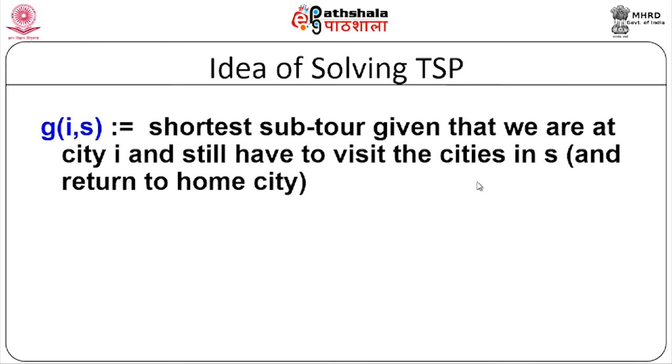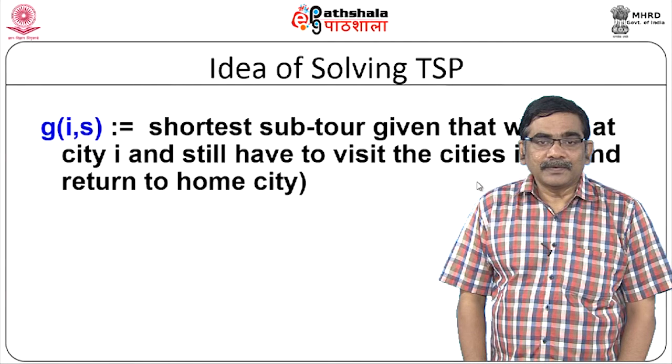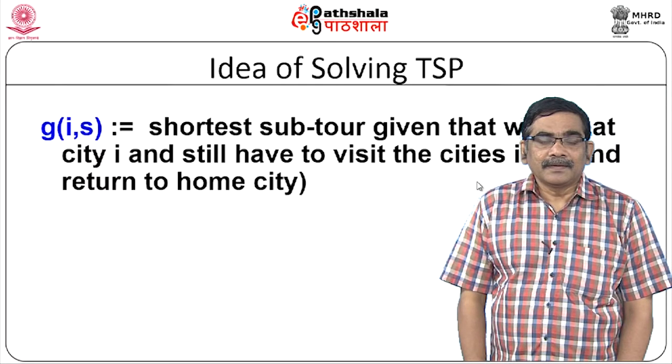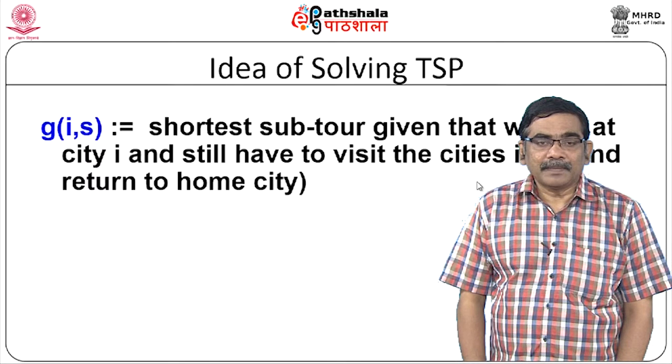But unfortunately, as I said earlier, the enumeration will not work because for every rise in the number of cities, you have more paths to contend with. Therefore, the problem becomes an exponential problem, and it is very difficult to give a solution for traveling salesperson using the brute force method. So, we go for a dynamic programming approach for solving this. Dynamic programming gives a slightly better solution compared to the brute force method.